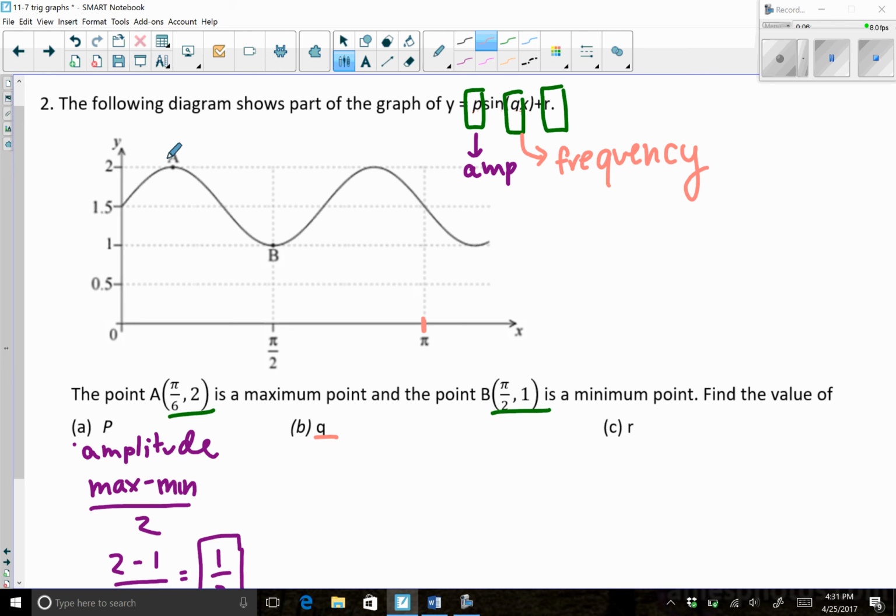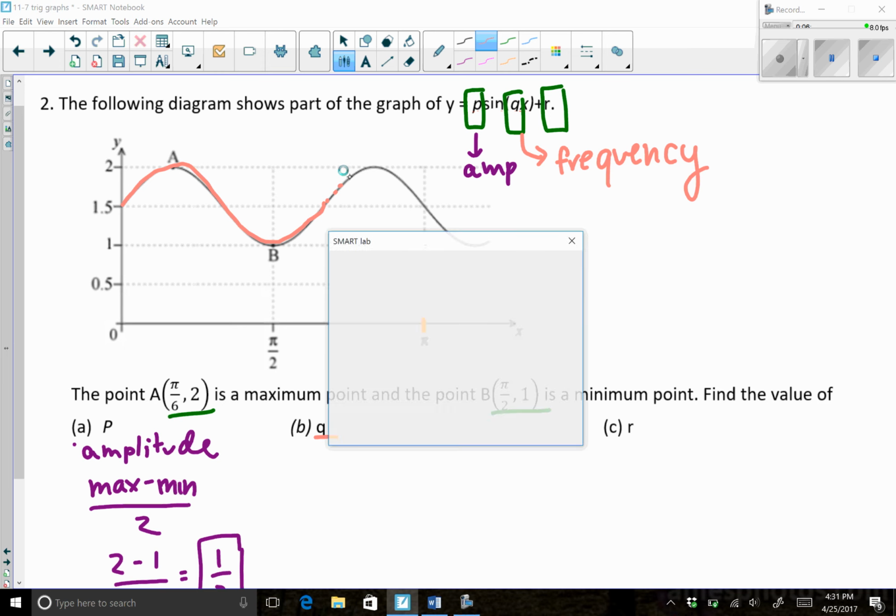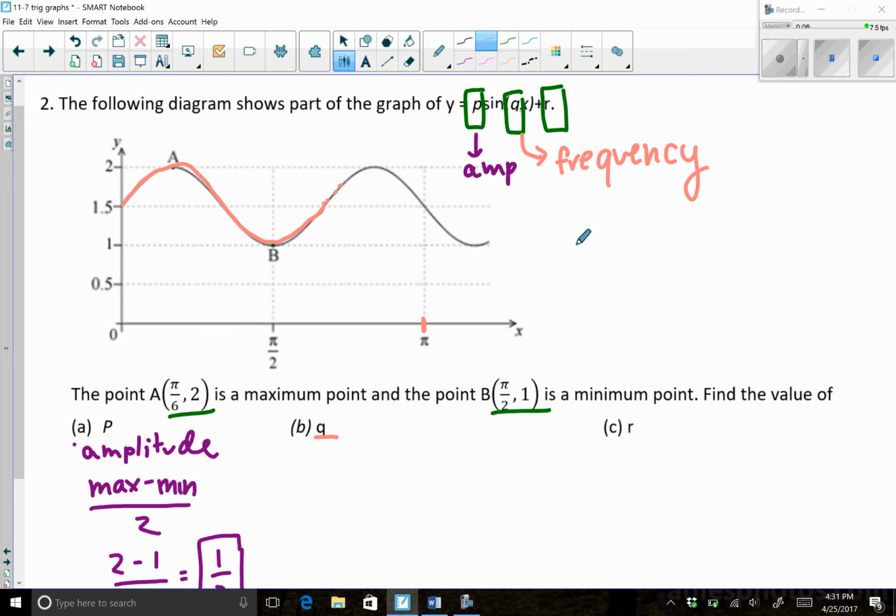If I look at this sine curve from 0 to pi, I can see, okay, here's my hill, there's the valley, that's one cycle. And then the cycle starts over again. It starts to go up again, begins to come back down, and at pi it looks like it hits a total of 1.5 cycles. Here's my one cycle, and then this one's not completed yet.